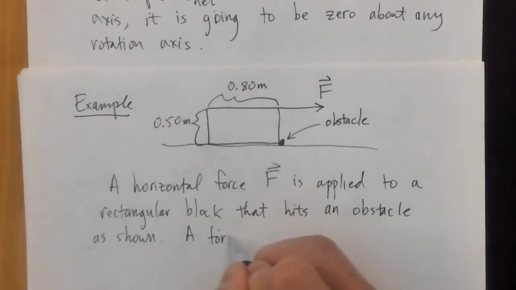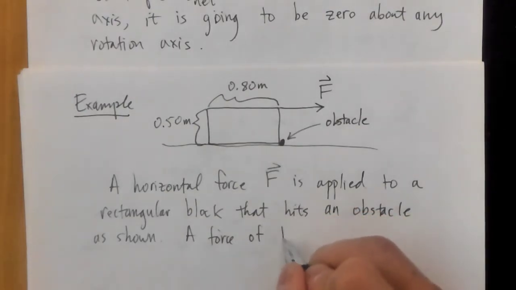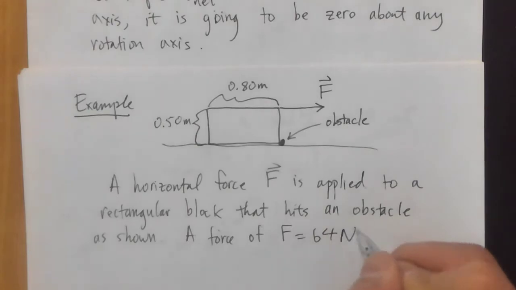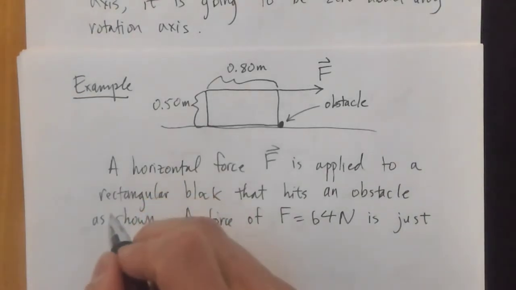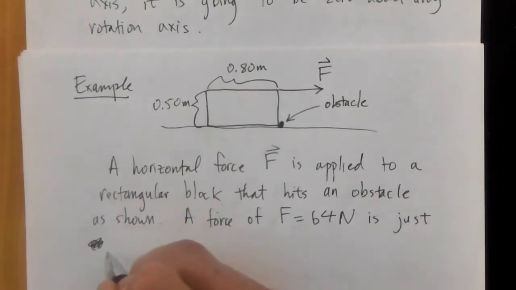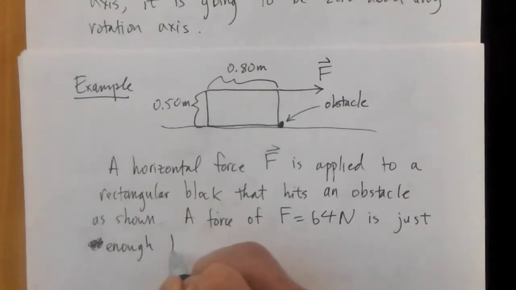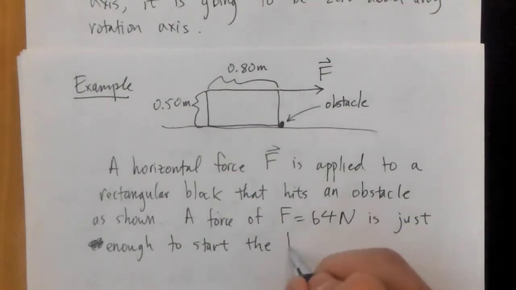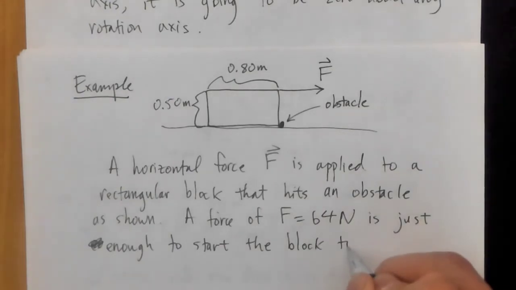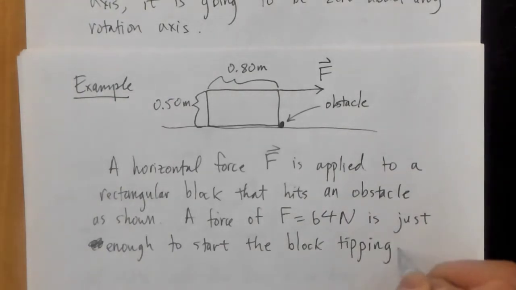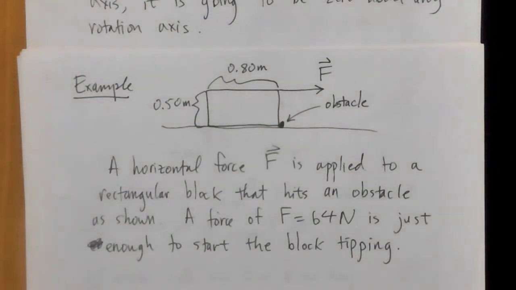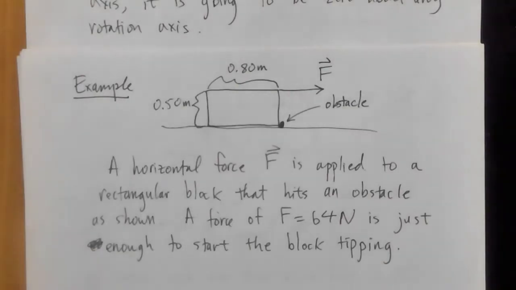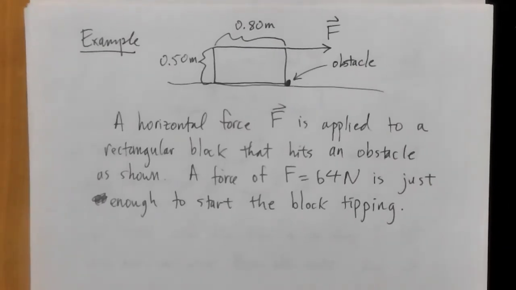A force of F equals 64 newtons is just enough to start the block tipping. Okay, so now the question is, what is the mass of the block?